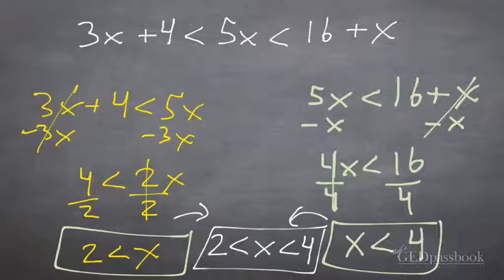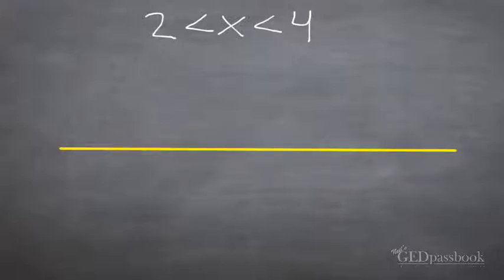Do you guys want to know how that looks on a graph? Yeah. 2 is less than x, x is less than 4. Let's remember that right now. Okay, how does it look on a graph? Quite simple, really.